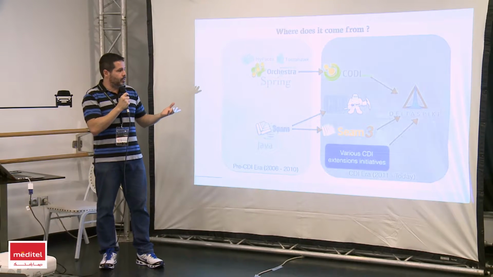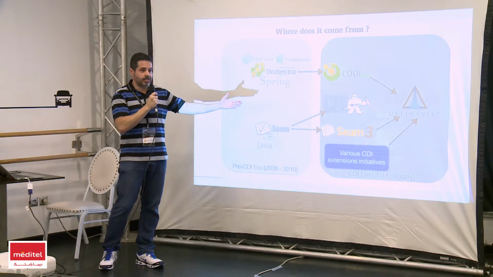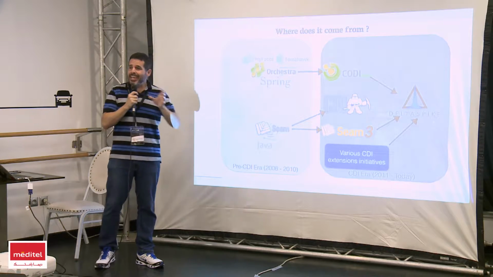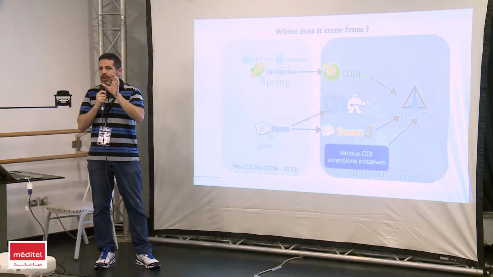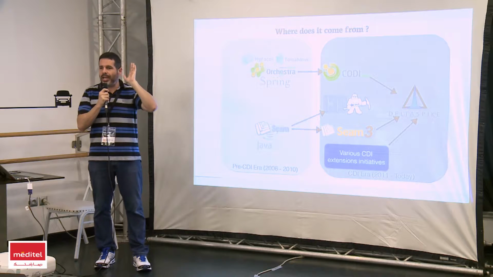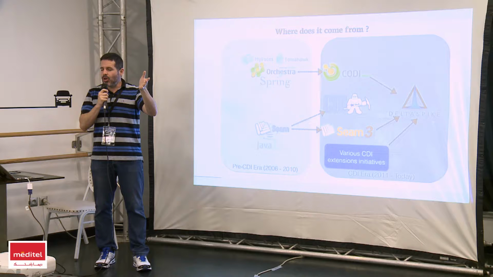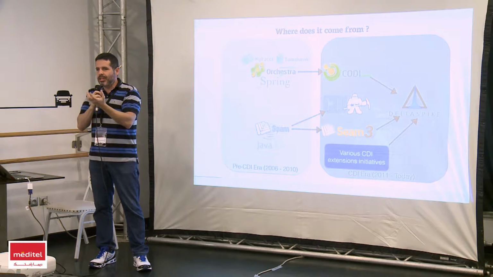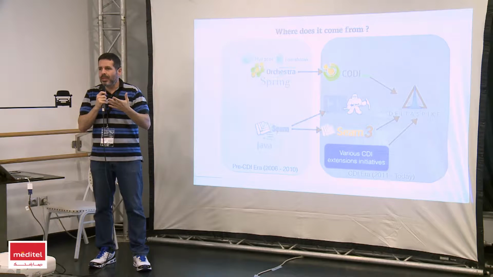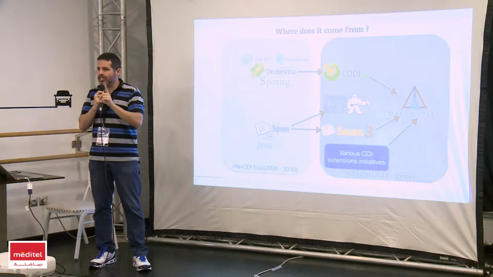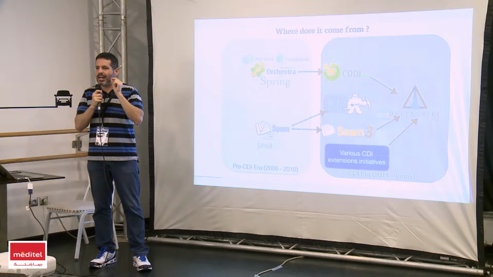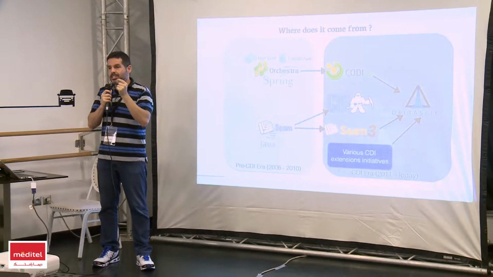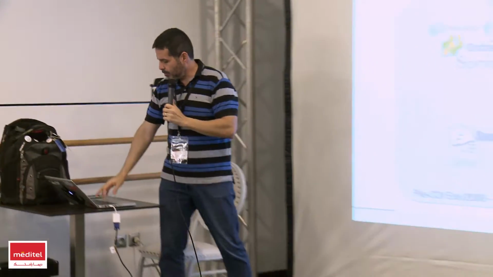Among them, I can show you here Seam, and there was Apache CODI. And then they realized that they were going the same way. So they decided to join their efforts, merge their code, and have just a single project as a true source of CDI extensions.